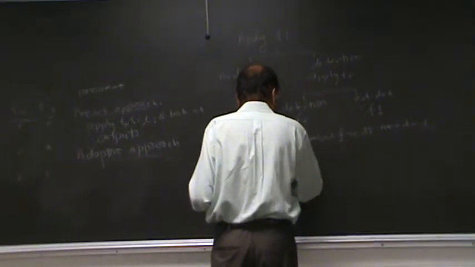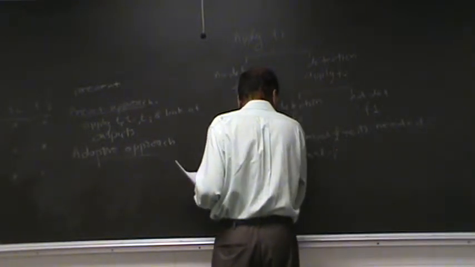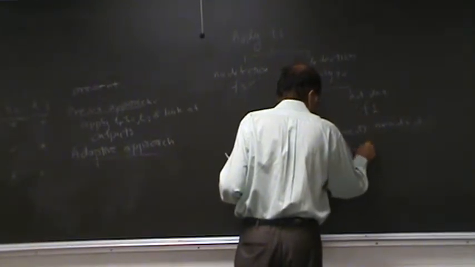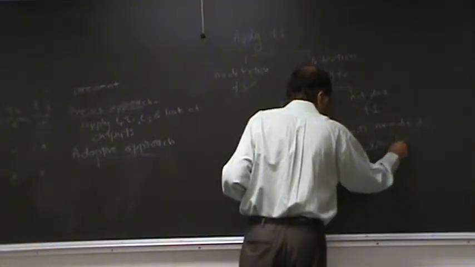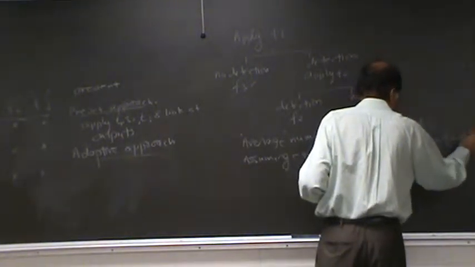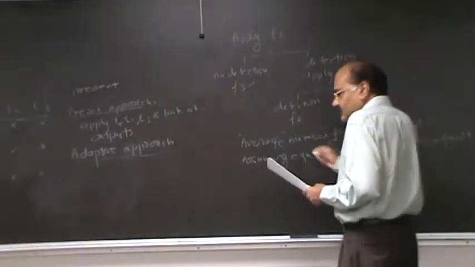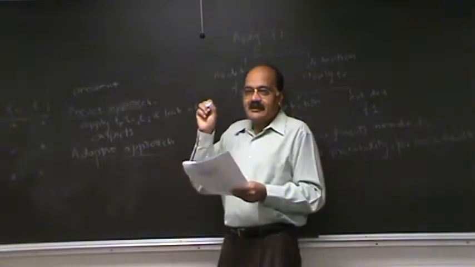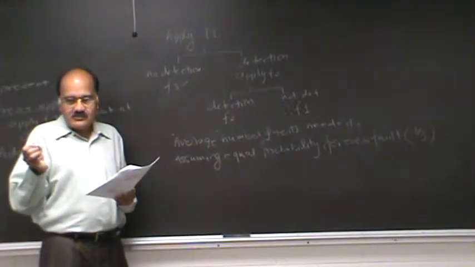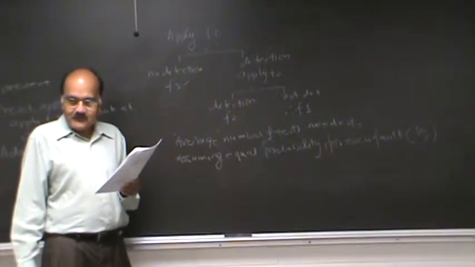Assuming equal probability for each fault. And that means, since it is given that a fault is there, it could be either F1 or it could be F2 or F3. So, probability of a fault is 1/3.